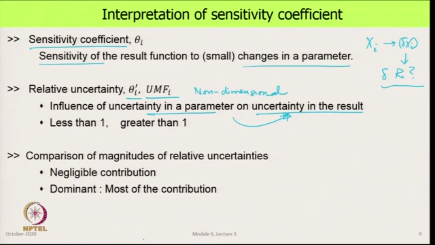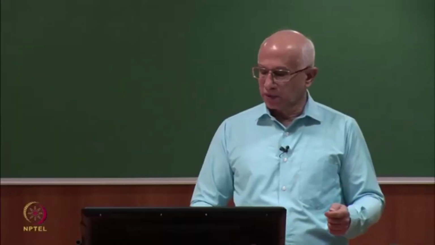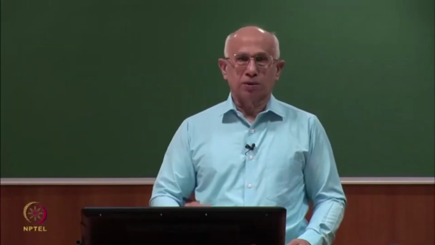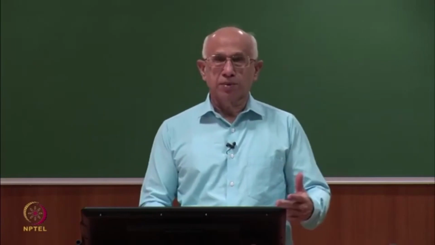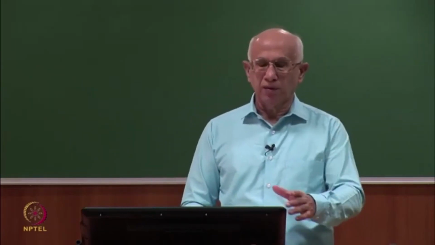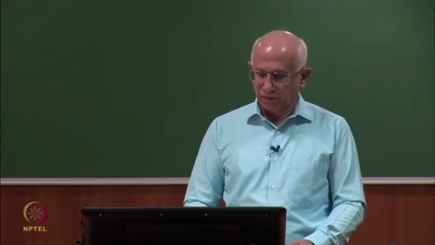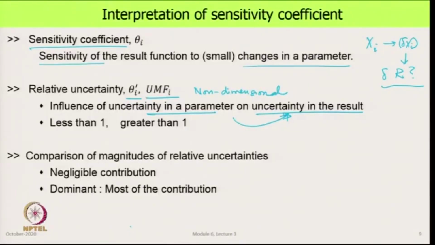Because this has become a ratio, it is a much more direct indicator of influence on the result uncertainty than theta_i was. Theta_i was dimensional and sometimes difficult to interpret, but qualitatively that is what it is doing. UMF_i, being a ratio, could be either less than 1 or greater than 1. A value of 1 implies that as much uncertainty as there was in a measurement has an equal contribution to the uncertainty in the result. The same gets carried over.